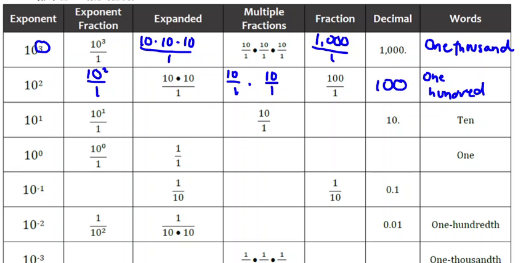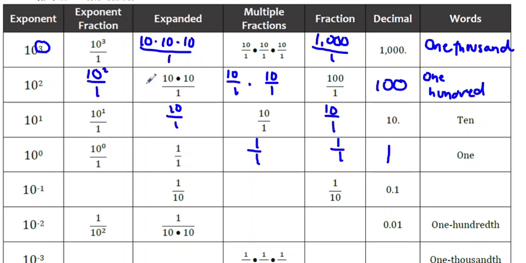Okay, 10 to the first power over here, notice there is a 1 and then 1 zero because it's first power. Expanded is just 10 because there's only 1 10 over 1, which is going to be the exact same thing over here, because you can't multiply that out at all. Remember, any number to the 0 power is 1. So 10 to the 0 over 1 is 1 over 1, which is 1.